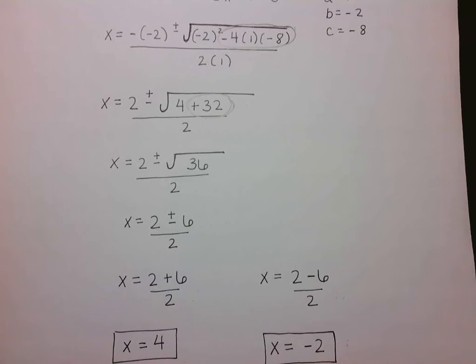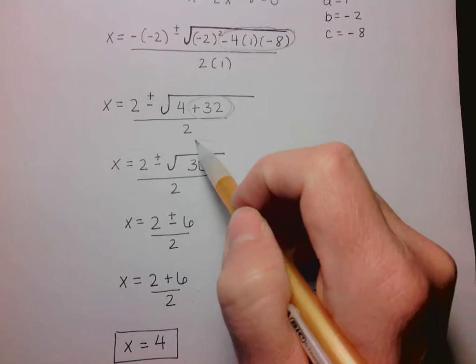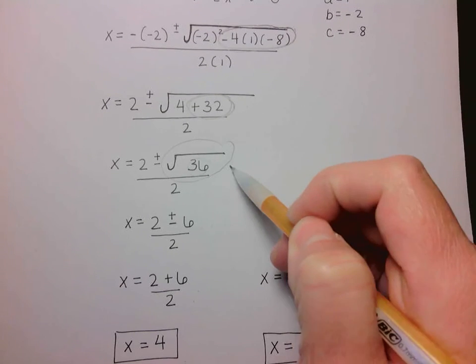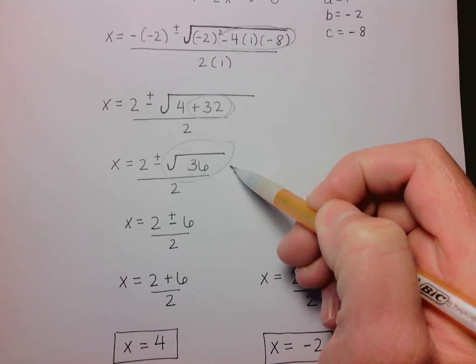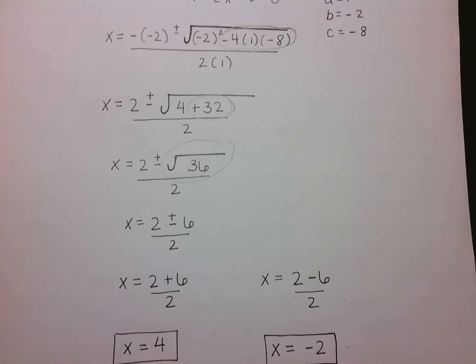The only time a problem can get more complicated is right here. If this is not a perfect square, if this does not come out to be a whole number, you have to simplify the radical. And that's what we were doing in the last chapter.